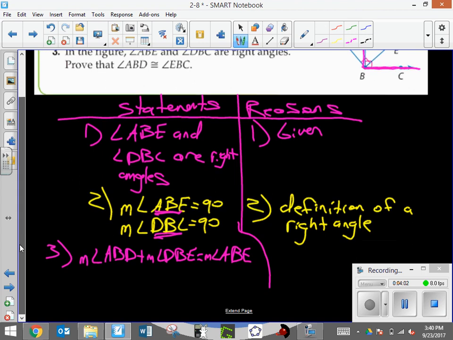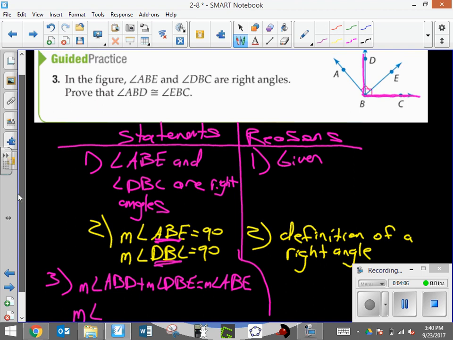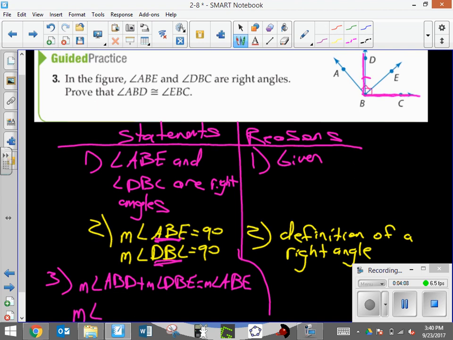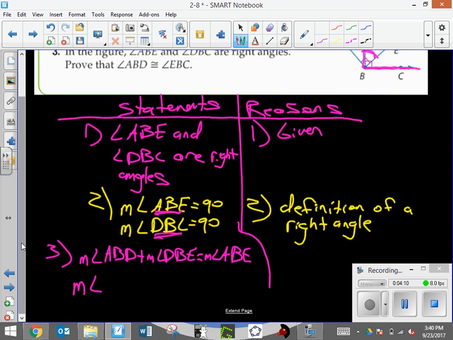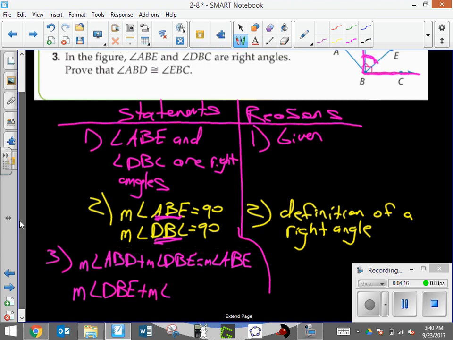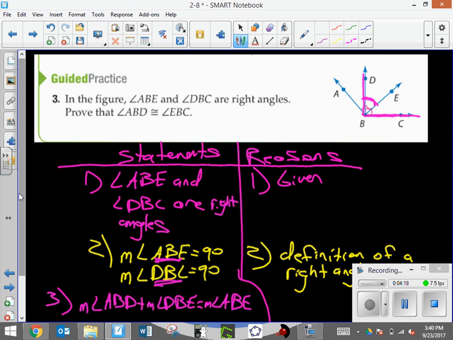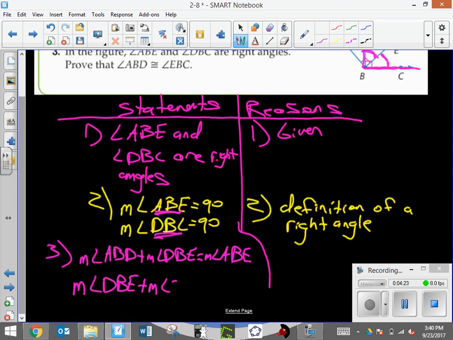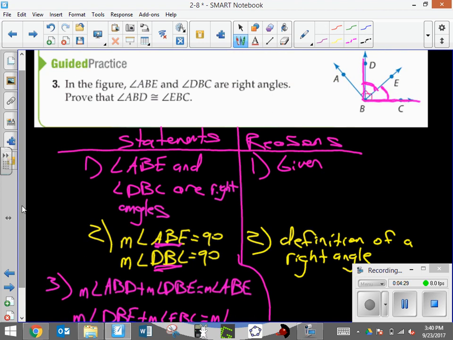Let's take the measure of angle DBE, so this one, plus the measure of angle EBC, the other small one, that is going to equal the measure of angle DBC, the big one.